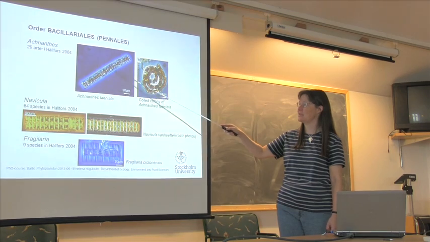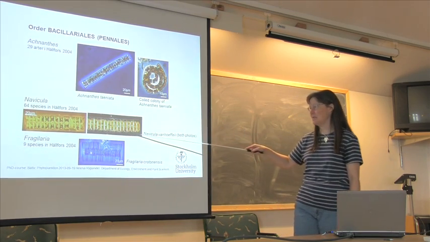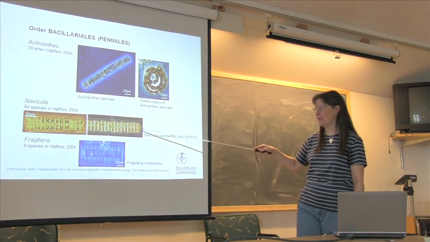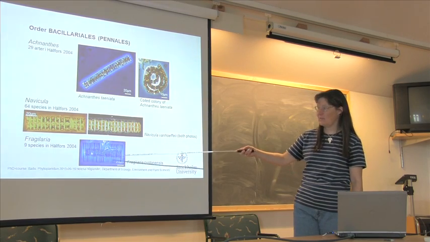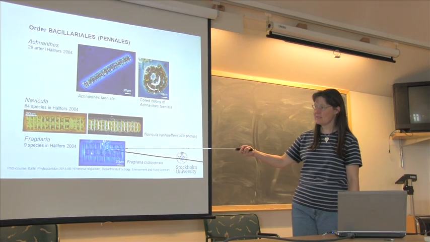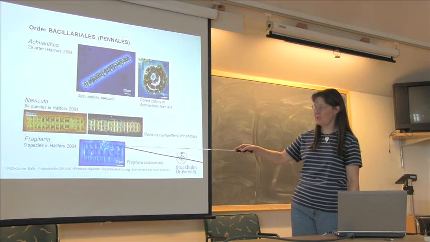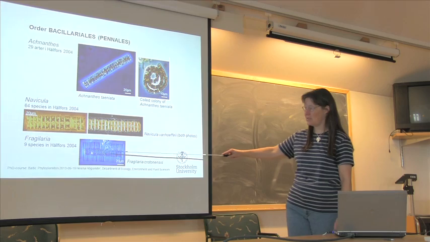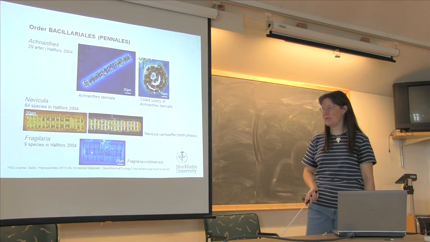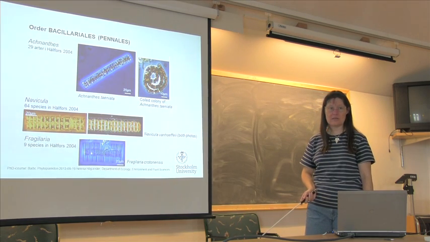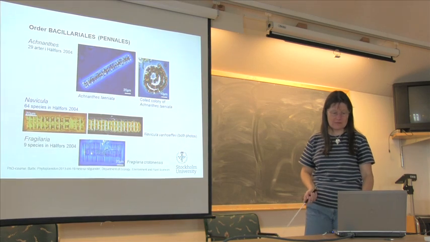You can see them, but these are a bit brighter and larger, and you can see the lobed chloroplasts and vacuoles inside them. Then a type of this genus, Fragilaria. It's ribbon-shaped, and they're attached in the middle between them. It's more common in freshwater and very fresh coastal areas.